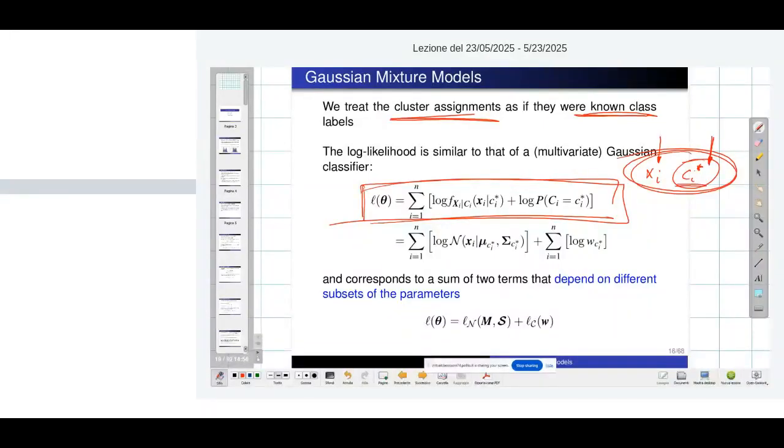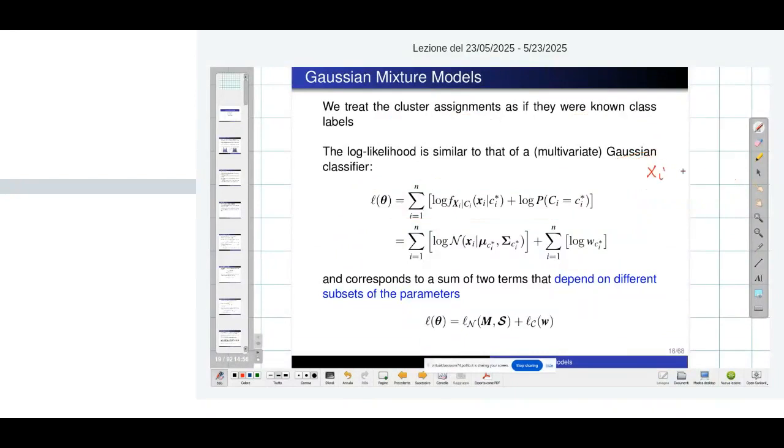So what we are doing here, we treat these as if they were real data that we observed. And we will see that this is the problem that does not ensure that we find a very good solution. But we will overcome this later. For the moment, we treat these as if they were real cluster labels.